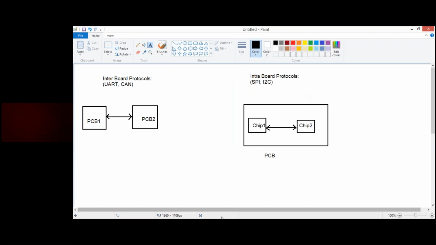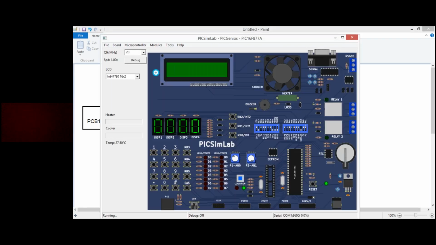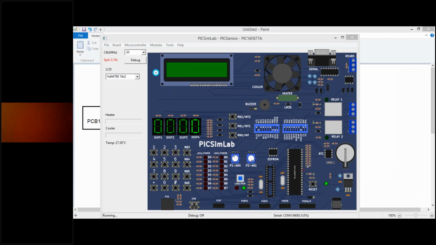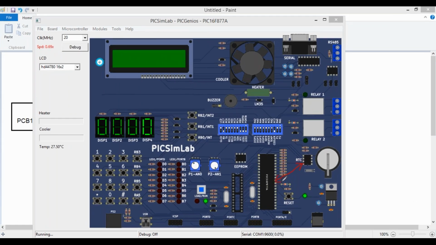Fine. Now let me show you an intra-board example. See here, this is my single board. Correct, people? You can see this is one chip, the microcontroller, and let's say this is another chip, an ADC. If I'm communicating on the same board between these two chips, what kind of communication is it?